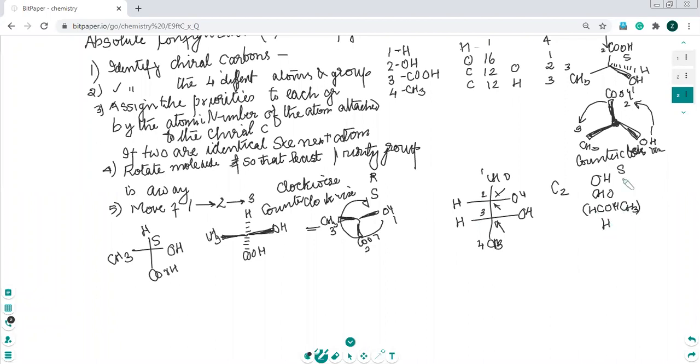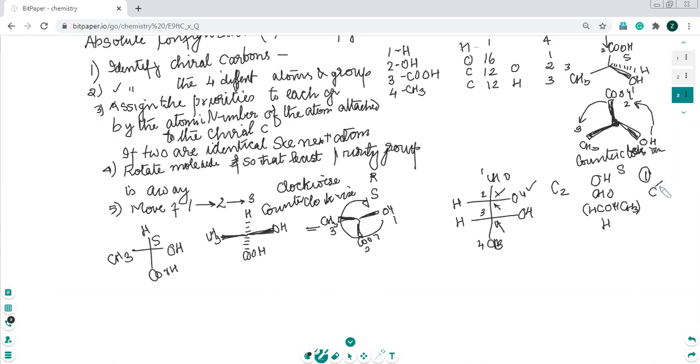Now look at this one. OH, of course, gets the highest priority. Then you have CHO, and here you have this whole group. Both are having carbon.